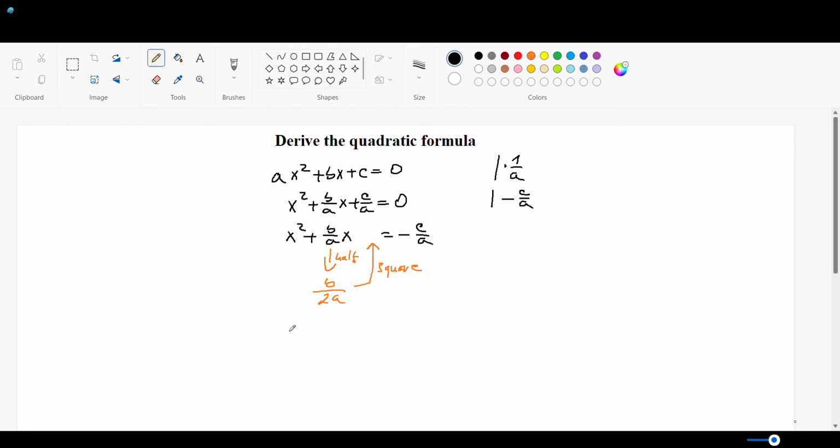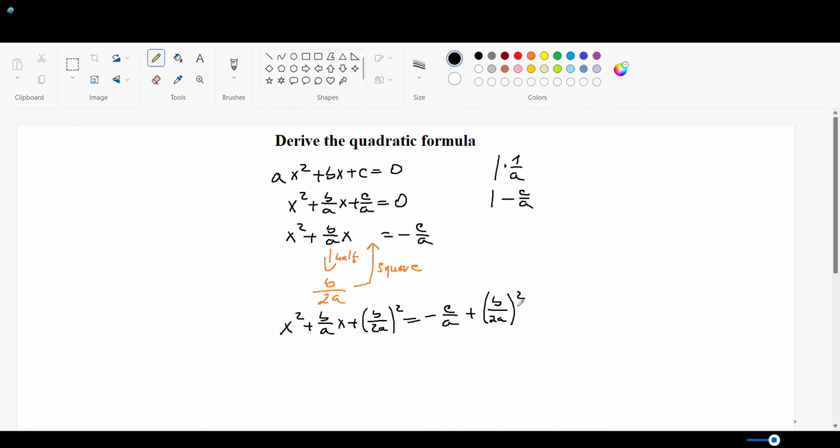And it becomes the expression x squared plus b over a times x plus bracket b over 2a squared equals negative c over a plus bracket b over 2a squared.